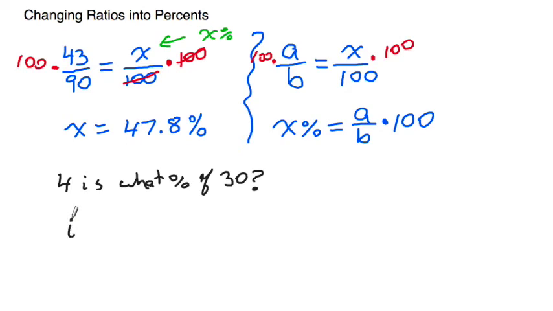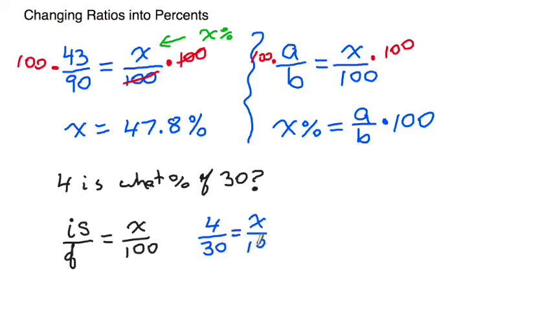It pretty much works out as, or the way I remember it, is over of is equal to, and I'm going to write it as x out of 100, but technically it's just x percent. Alright, so if you know the number next to is, you put it in the top, so that would be 4. The of is the 30, so of 30, so 30 is equal to x out of 100.